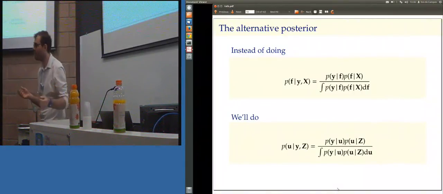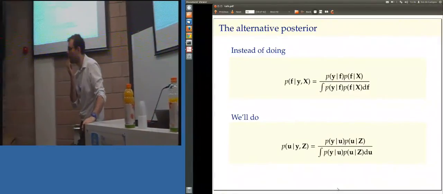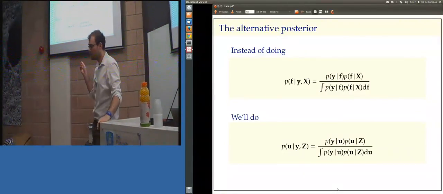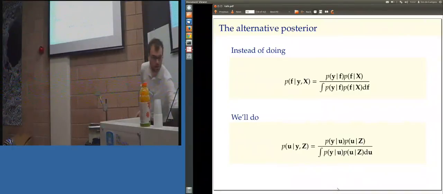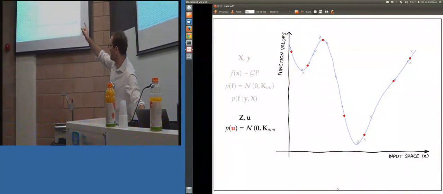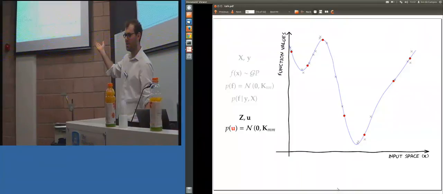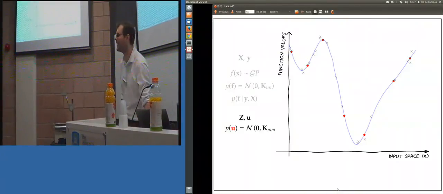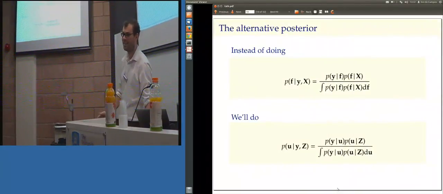Simple. But u is not a function. Is u the value or the input? U is the value of the function, z is the input. Right. So the u's are on the vertical, basically. The u's are the values in the same space as f, and z is the inputs in the same space as x. I didn't choose the notation, I'm just lumbered with it. Well, but it's important, actually, one trick you can do is you can move u into a different space.